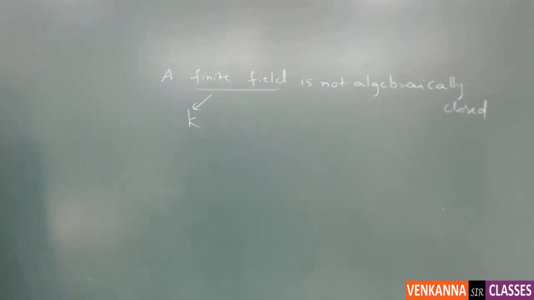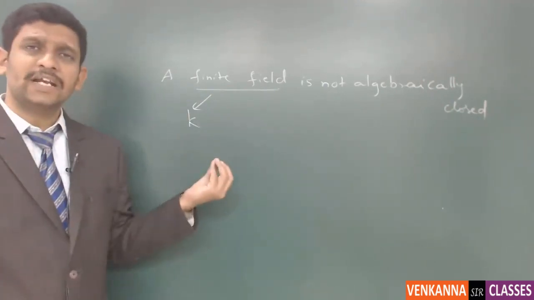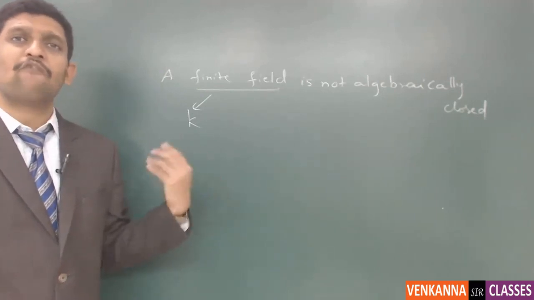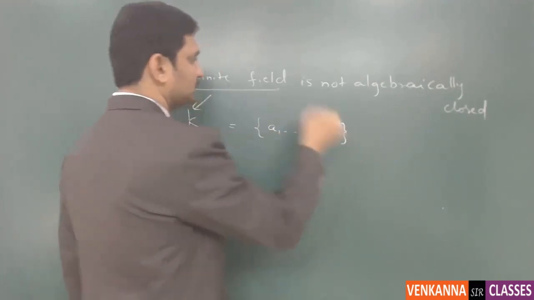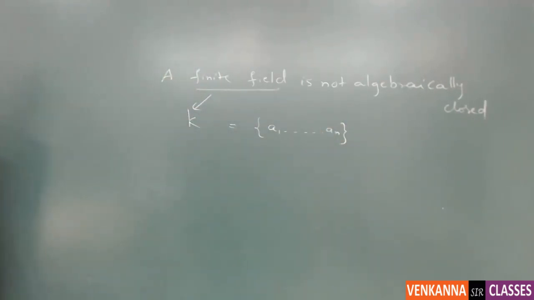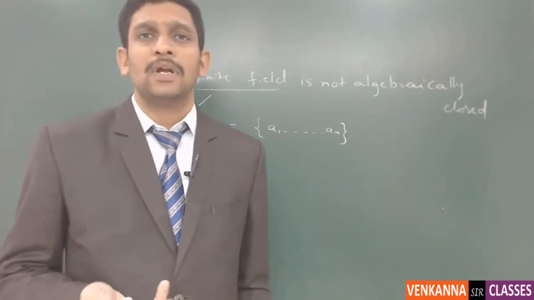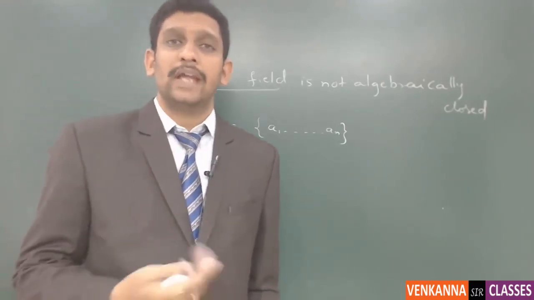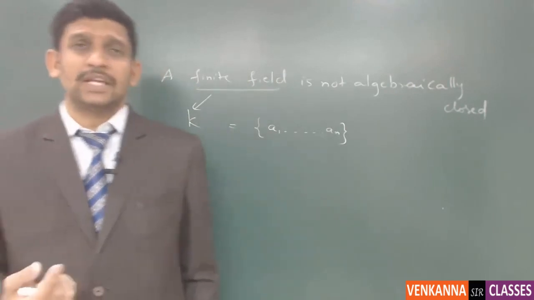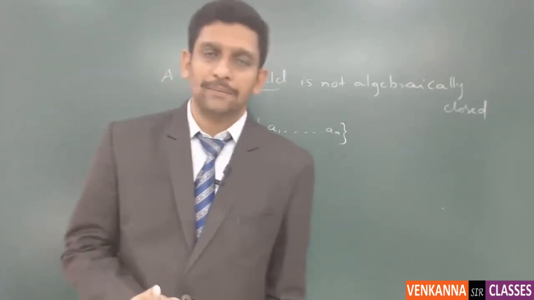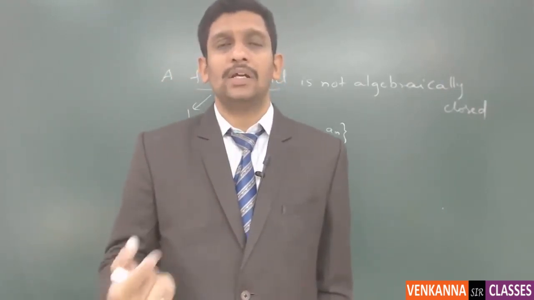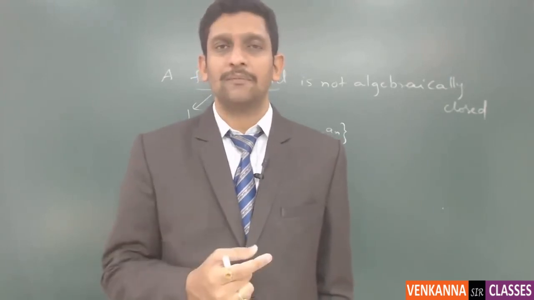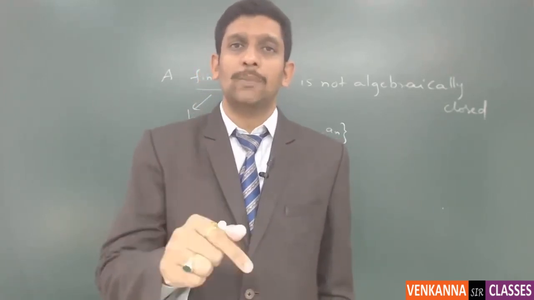Suppose you take a finite field K. Since it is finite, it contains a finite number of elements. Now see, as we have taken a set of conditions for an algebraically closed field, if you say that a field is algebraically closed, then from the four conditions, whatever polynomial you take over that field, at least one root should belong to the set.